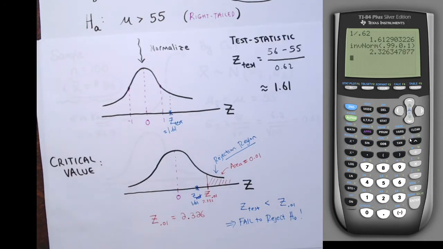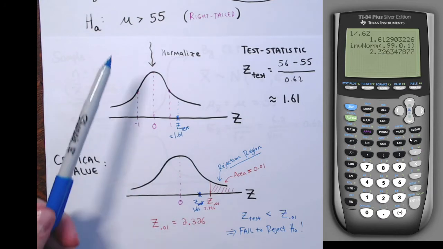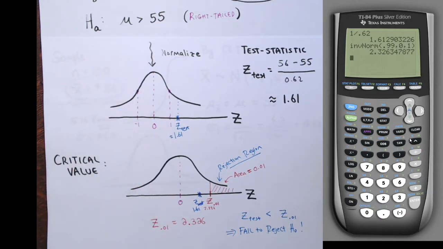We won't reject the assumption that the mean value is 55. We'll accept that. So we're going to eventually conclude later that we're accepting the statement that the mean is $55. So we're not going to accept the claim that the mean is greater than $55. We're not going to accept the alternative hypothesis.